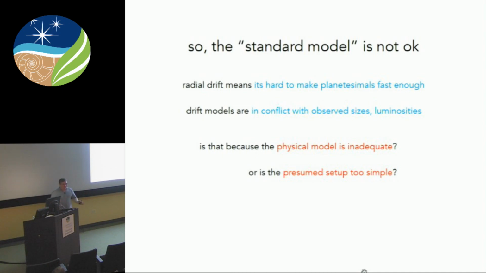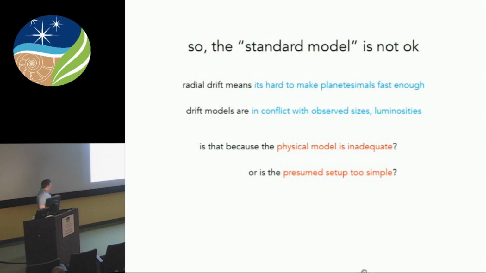So the standard model for the migration of solids is actually a problem for two reasons. One is that just in the sense of being able to make planetesimals, it's very difficult to do that in a reasonable time frame, because basically you should have depleted all of your solids into the inner few AU in a very short period of time before we can observe these things.